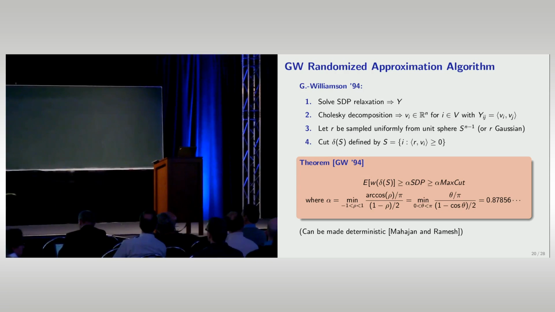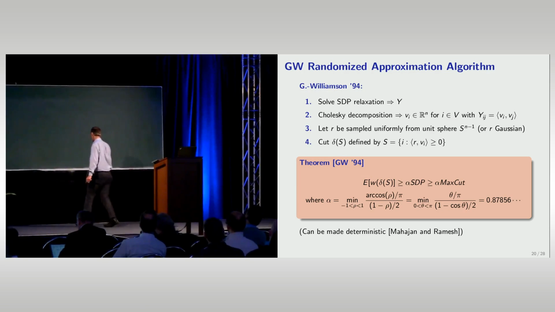And that alpha is given by the worst case ratio between these two functions: R cosine of rho divided by pi, and 1 minus rho divided by 2. These two functions will appear very often in the next 10 minutes or so.